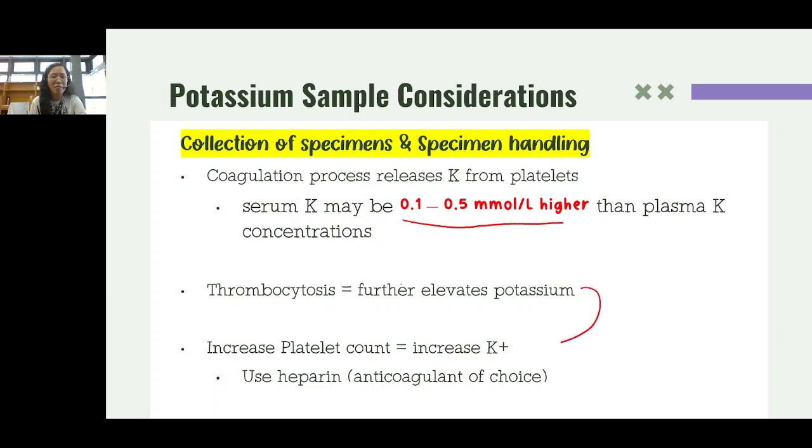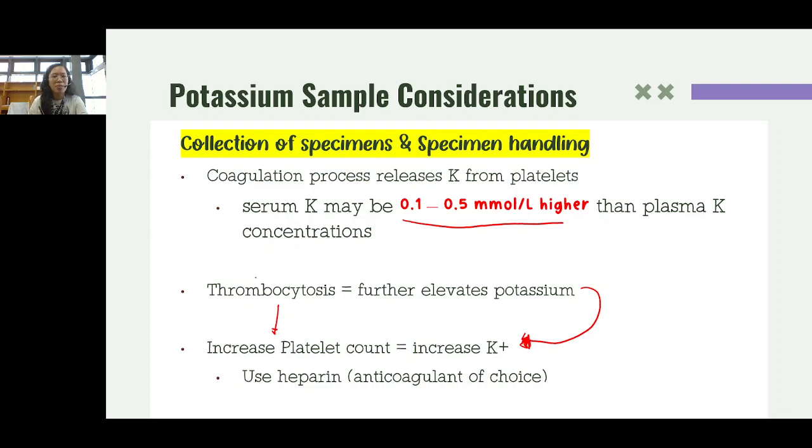And the next, thrombocytosis will further elevate your potassium. Actually, this statement, kids, is the same as this third one. I was a bit distracted while typing this. But the second and the third are actually the same, because thrombocytosis means there is an increase in your platelet count, and if there is an increase in platelet count, there is also an increase in your potassium levels.